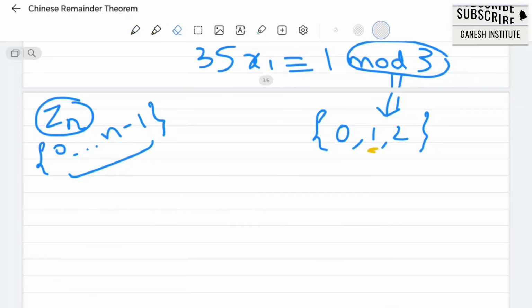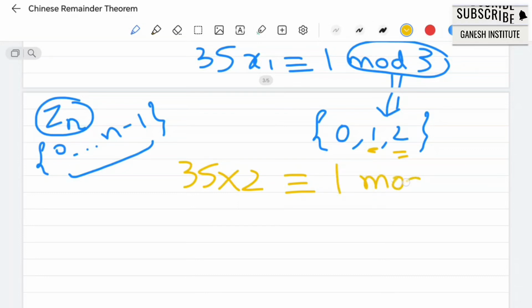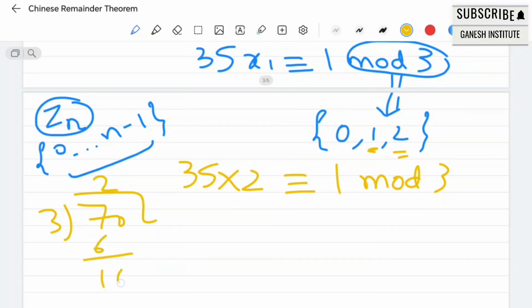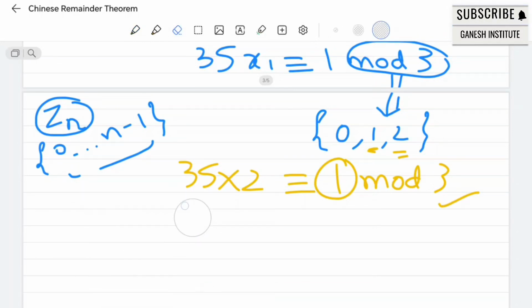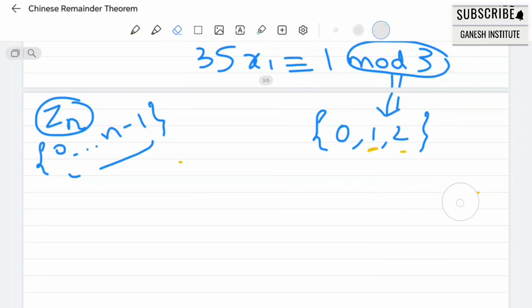Correct? So let's move on to the next, which is the last element, that is 2. If I place 2 in place of x1, we get what? 35 twos are 70. If we divide it by 3, 3 twos are 6, 3 threes are 9, so we are getting remainder as 1. So that means it is correct. We can consider the value of x1 as 2.